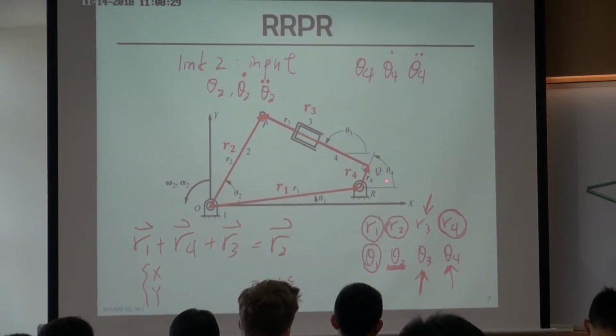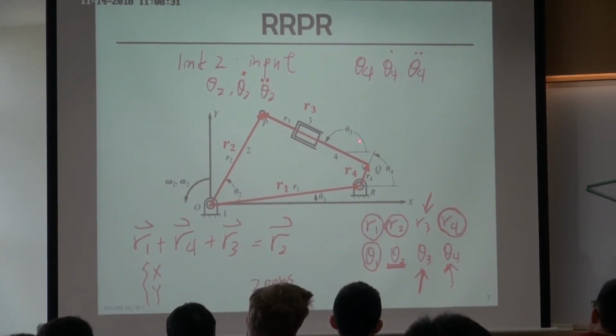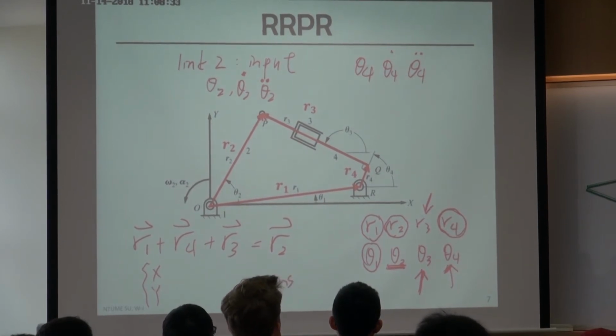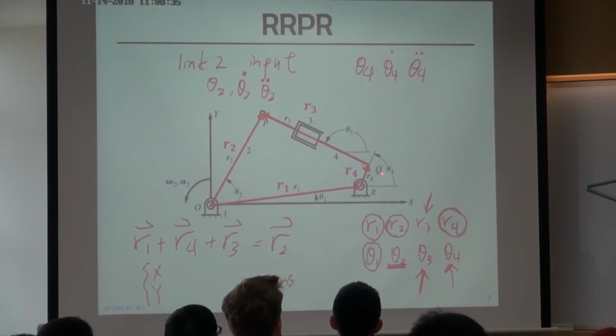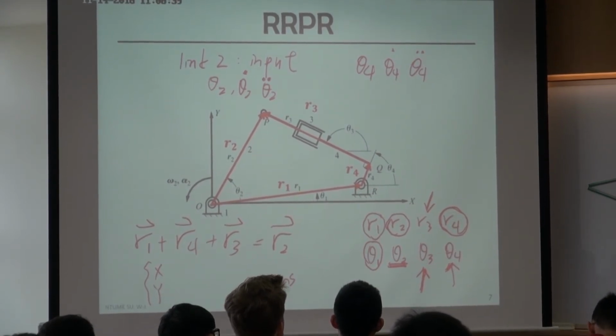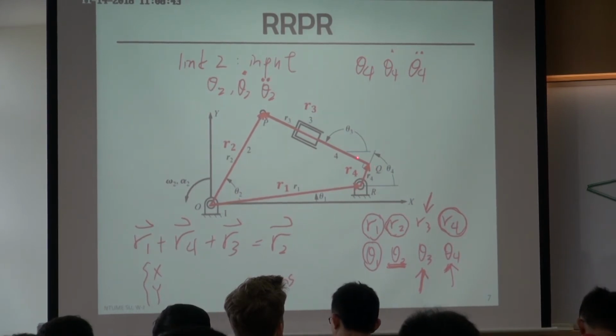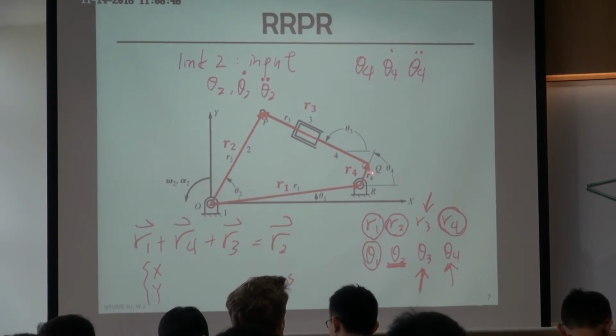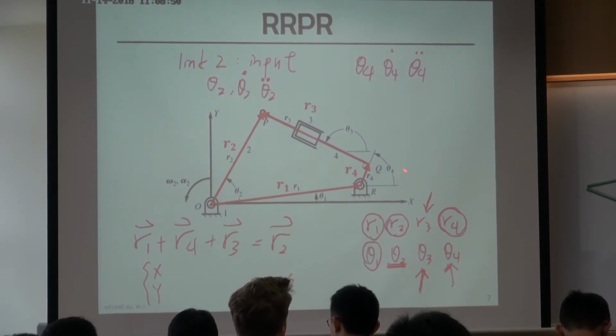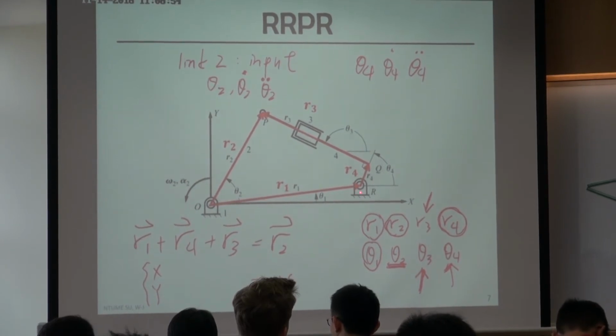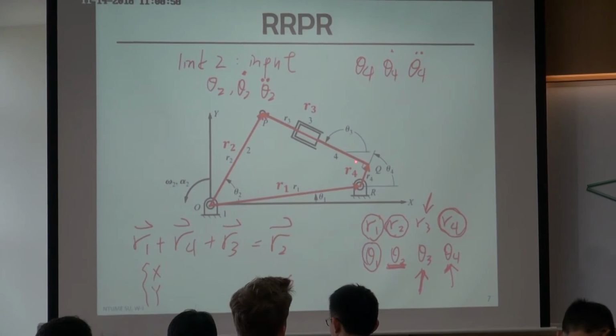So by your observation, do you find any information here? Pay attention to theta 3 and theta 4. This one is a fixed thing. It's a rigid body. So the angle between theta 3 and theta 4 is a constant. You bend a link into this shape.